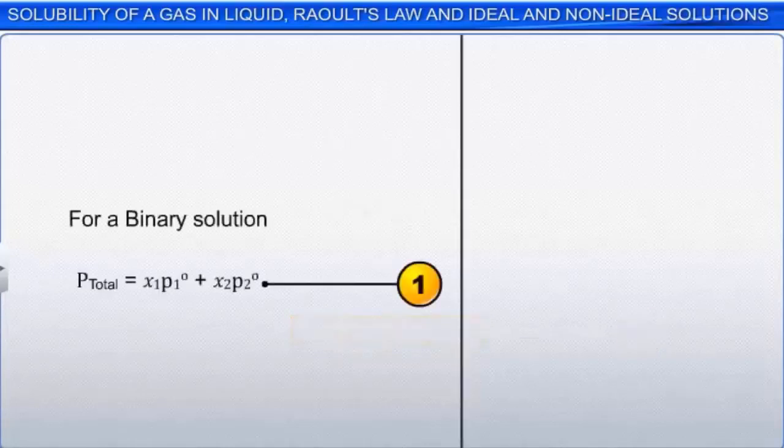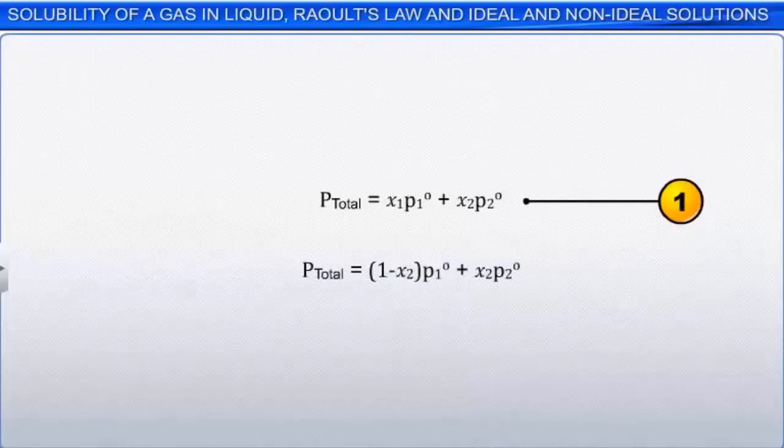Further, you know that for a binary solution, the sum of mole fractions x1 and x2 is equal to 1. Or we can write x1 equal to 1 minus x2. Now substituting for x1 in equation 1, we get P total is equal to 1 minus x2 P1 naught plus x2 P2 naught.